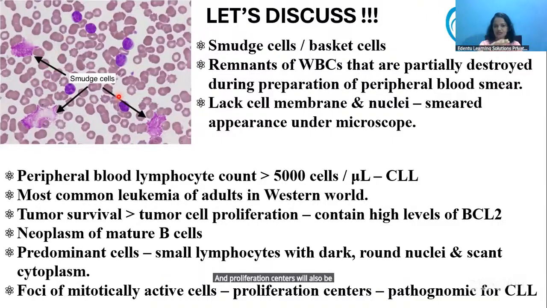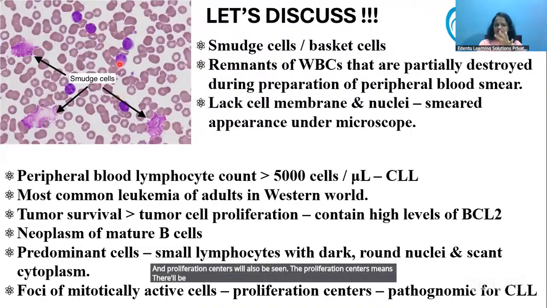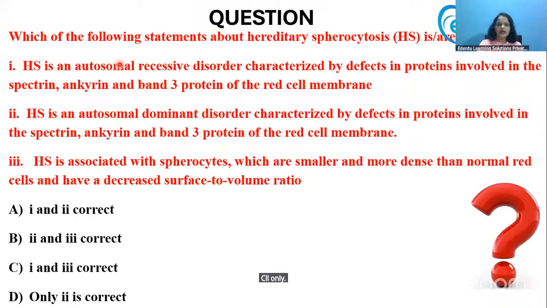Proliferation centers are particular accumulations of these lymphocytes, which are one of the characteristic features of CLL along with the smudge cells. Smudge cells can be seen in other pathologies also, but among the leukemias, the smudge cell is usually seen in CLL only.